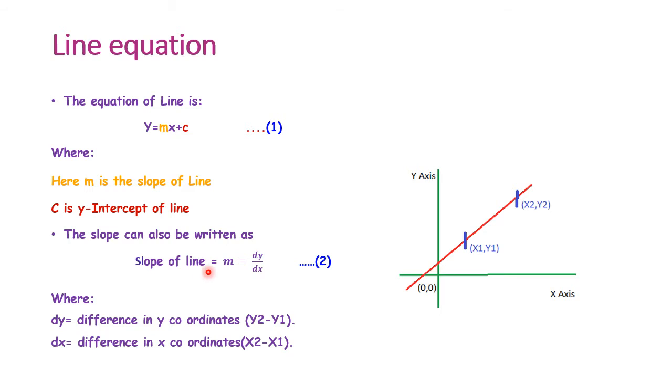So slope of line is equal to m is equal to dy by dx. So here dy is the difference in y coordinates and dx is the difference in x coordinate. So as shown in figure, the line segment highlighted by blue endpoints and coordinates are x1 y1 and x2 y2. So for calculating the slope, we are taking the difference, that is y2 minus y1 and x2 minus x1.